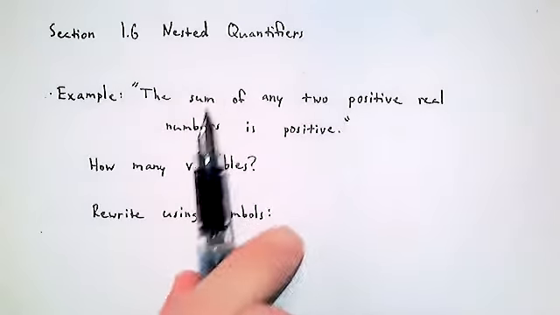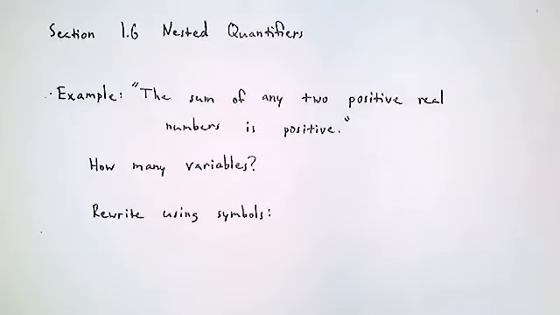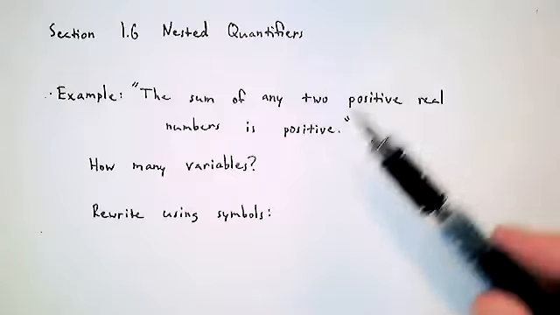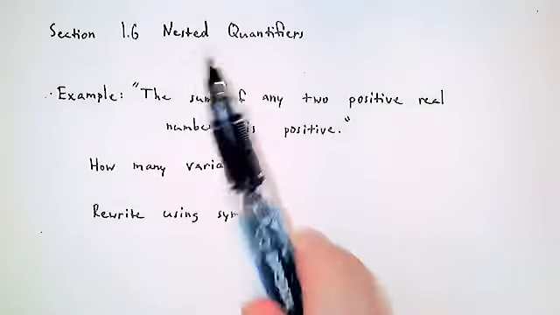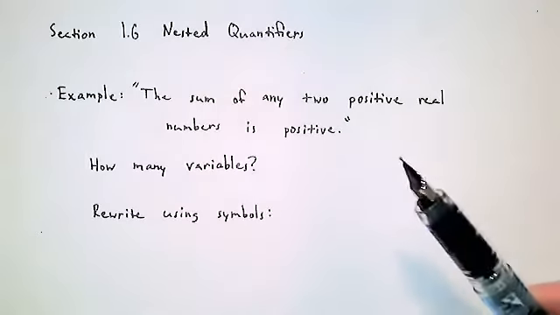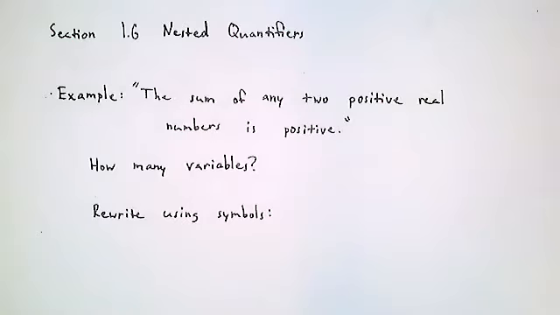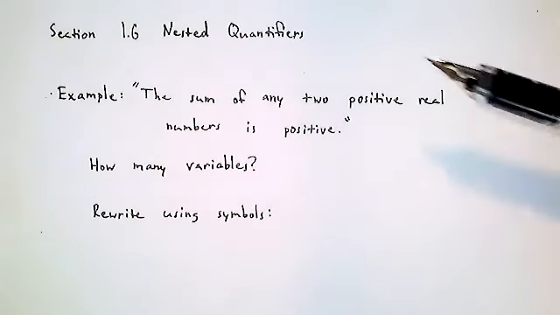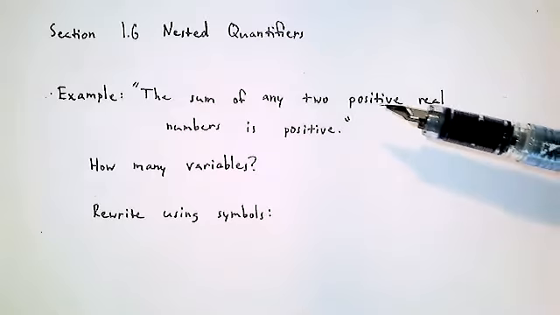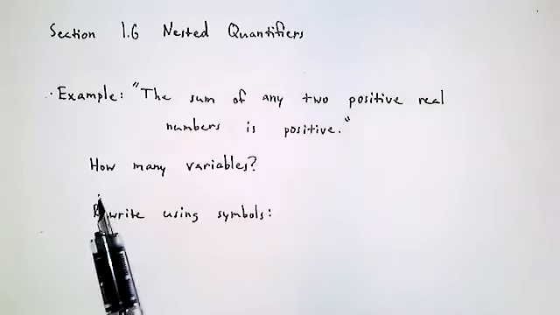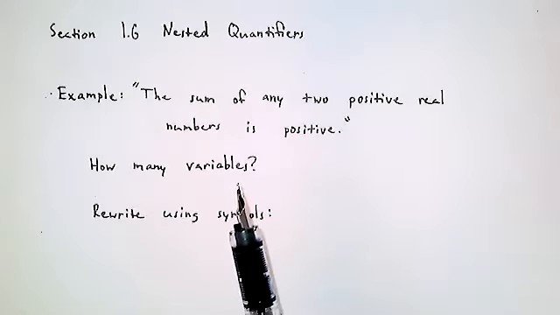But what we want to do is think about this logically. We want to try to break it down using quantifiers and the kinds of propositional functions that we learned about in section 1.5. In order to think about our propositional function, though, we have to think about the number of variables that we're going to need.